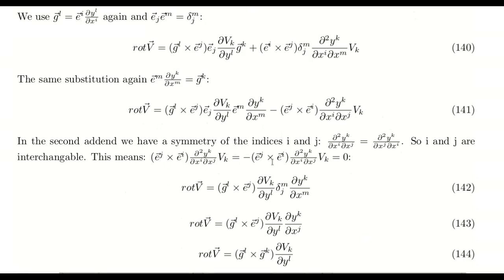The order of differentiation here makes no difference. And so, this is only possible when the term is 0, when it is vanishing. And so we can cancel out here the second ident in the formula. Then we have only for the rotation of v, this expression, only one term.